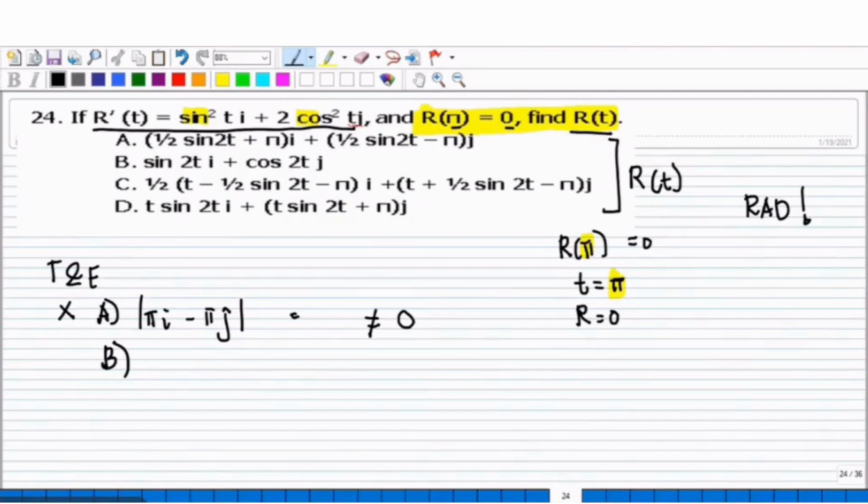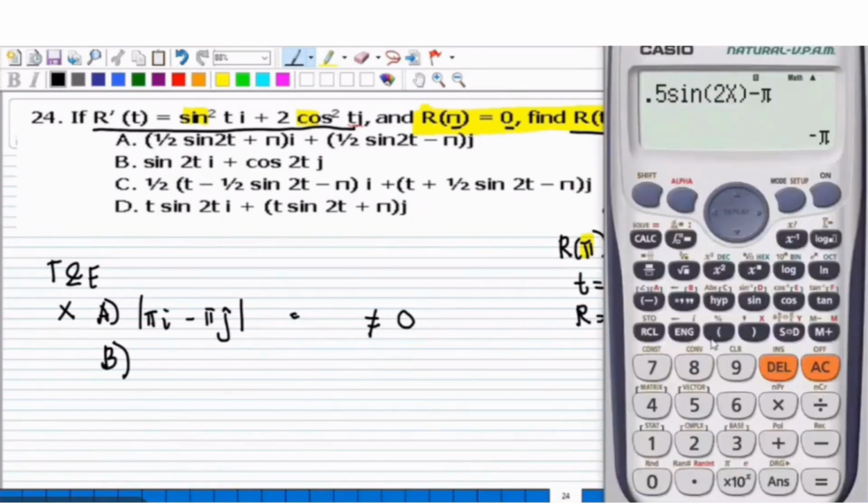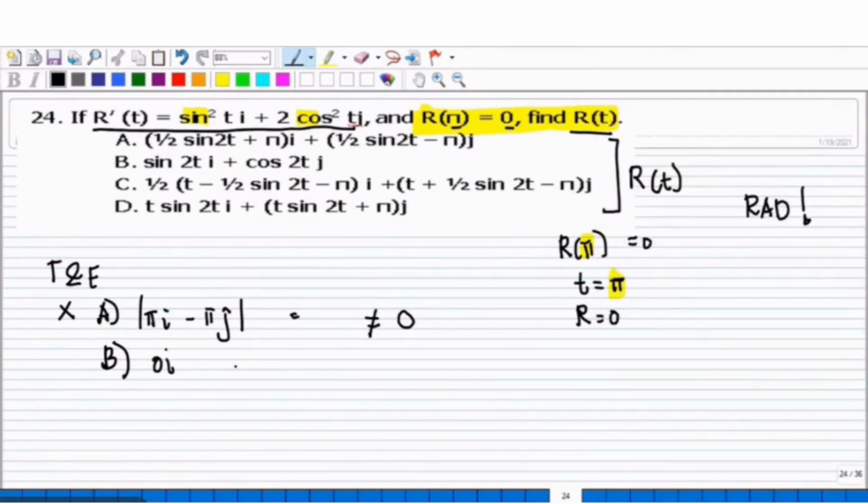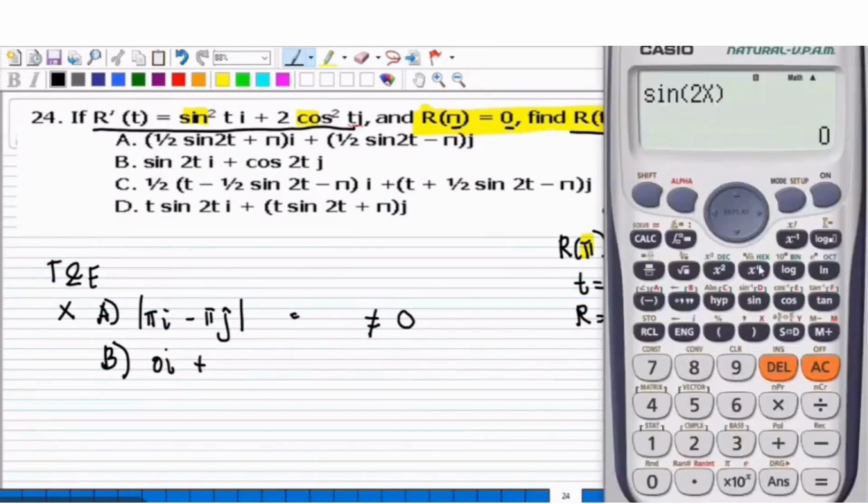So, letter B po tayo. Sine 2x i. So, mayroon kaya siyang coefficient. When t is equal to pi, so 0i. Then, plus cosine 2t. Palitan lang natin to ng cosine. Calc lang natin, 3.14.